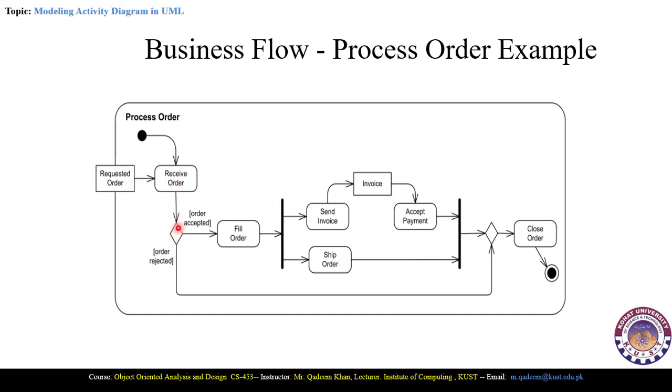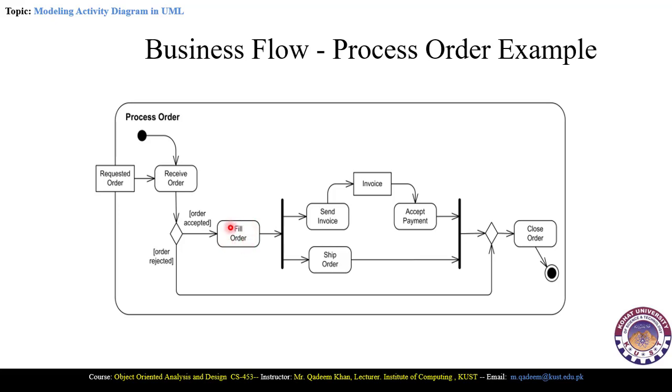After receiving orders, we have conditional statements here. If the order is rejected, for example, if there is insufficient balance in the customer's credit card, then straightforwardly the order may be rejected, and then the close order activity will be called, and the activity diagram will also be closed. But if the order is accepted from the customers, then fill order means that the order will be filled here.